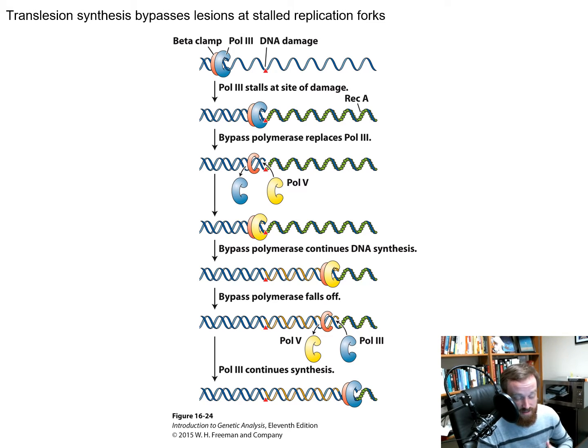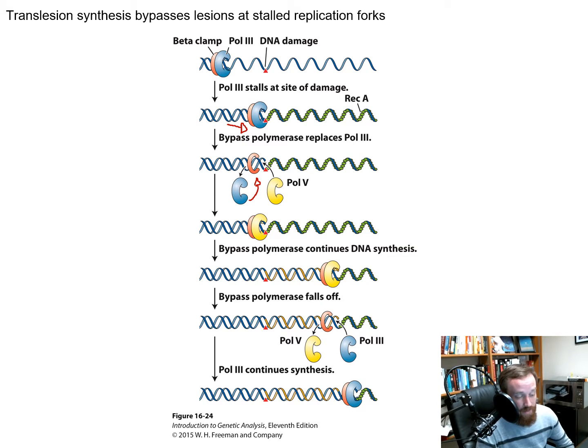Then at this point, DNA polymerase III is removed from the single strand, and the beta clamp still stays there, but instead polymerase V, also known as bypass polymerase, will come in, and it will attach to the clamp and take the place of polymerase III. What bypass polymerase does is it's a little more liberal with what it uses as a template strand and what it does when it sees lesions and things of that nature.